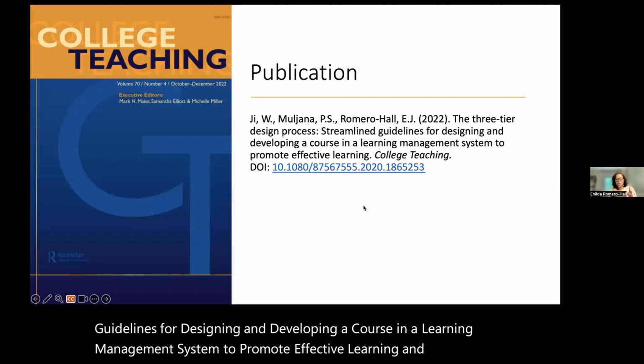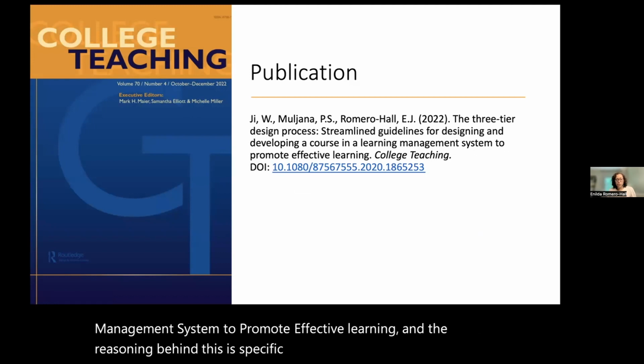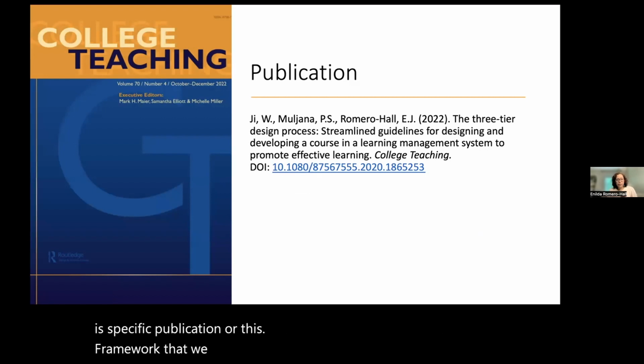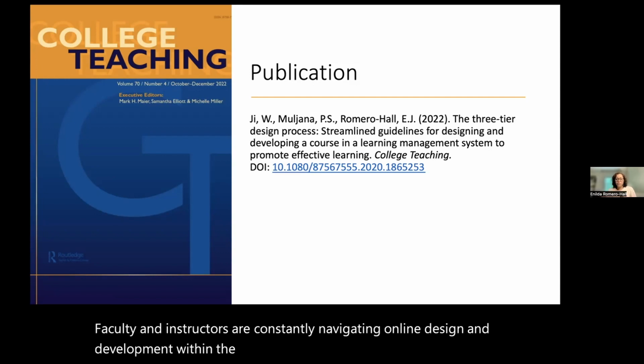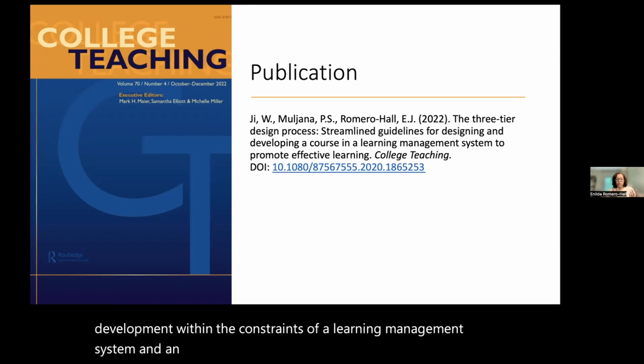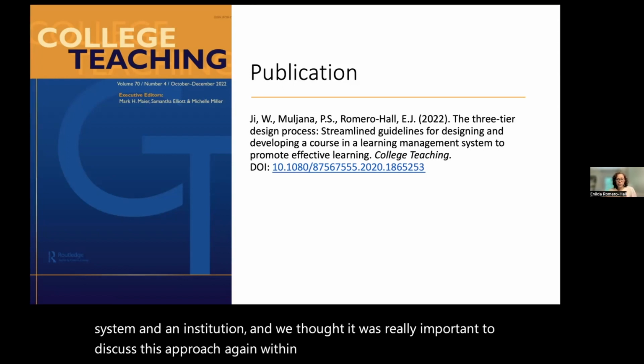And the reasoning behind this framework that we discussed in this publication was that we understand that faculty and instructors are constantly navigating online design and development within the constraints of a learning management system at an institution. And we thought it was really important to discuss this approach, again, within the learning management system.